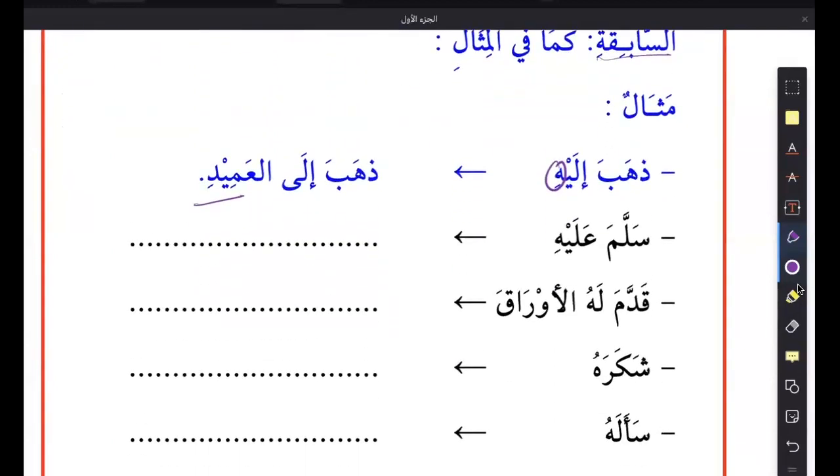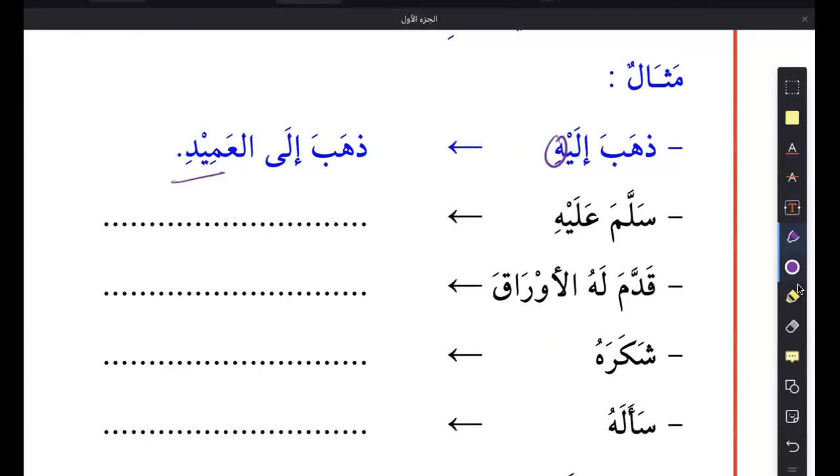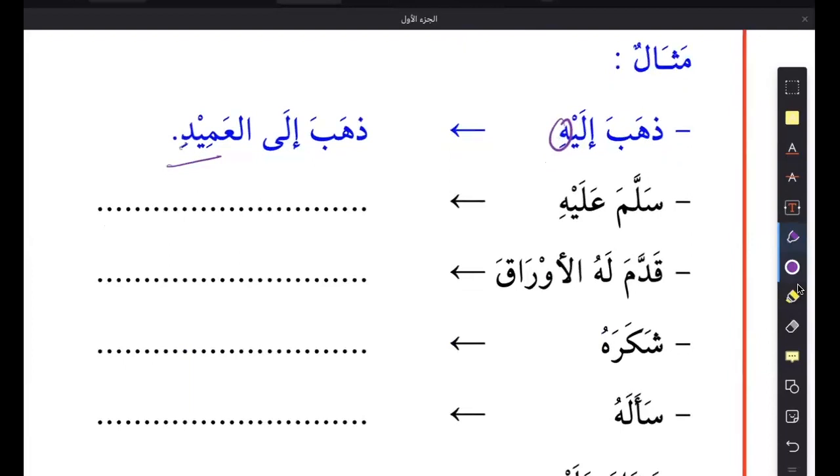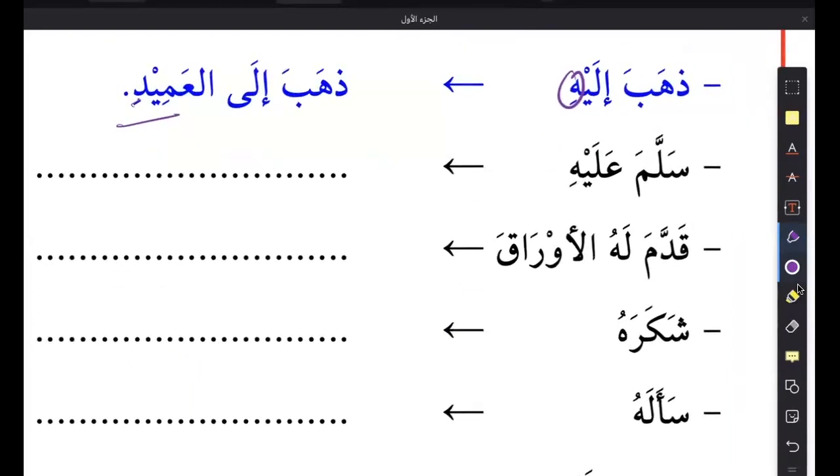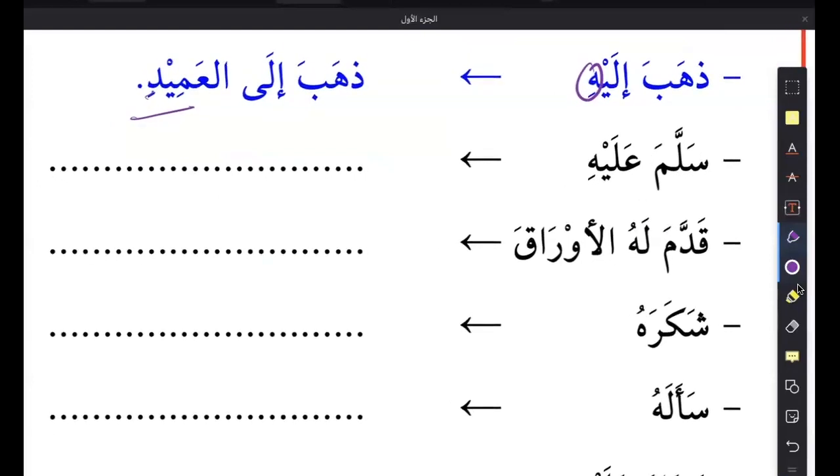That's all. Sallama alayhi: you say sallama alal amid. And of course you need kasra because of the preposition. Qaddama lahu al-awraqa: you say qaddama lil amidi. Let me do this one.